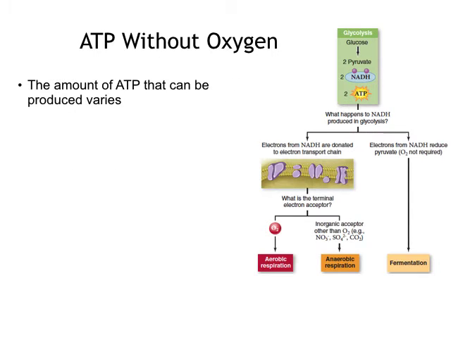One thing I want to mention though is that the amount of ATP that can be produced varies in each of these three ways of making ATP. So for aerobic respiration, you can see in the bottom a little gradient from high to low of ATP. And it says additional ATP produced because you've made 2 ATP in glycolysis.